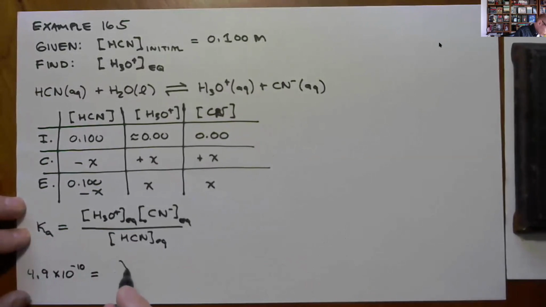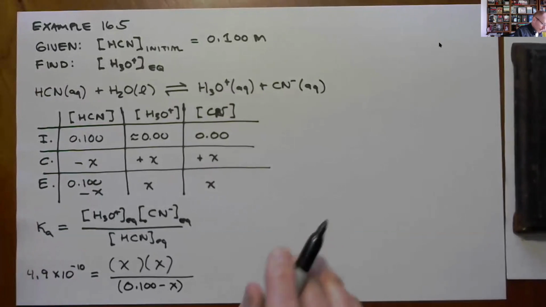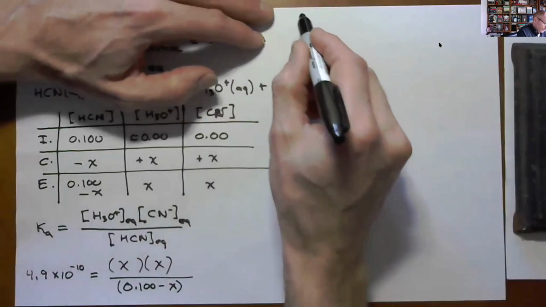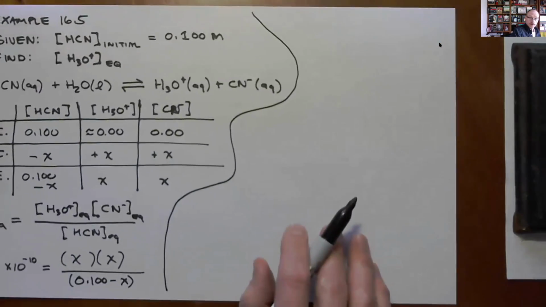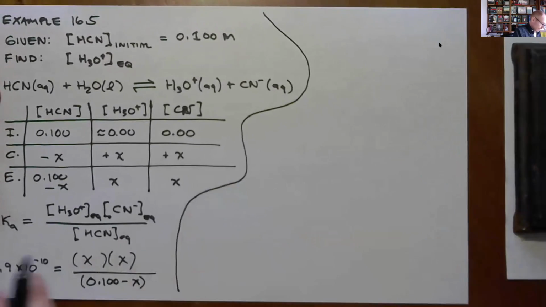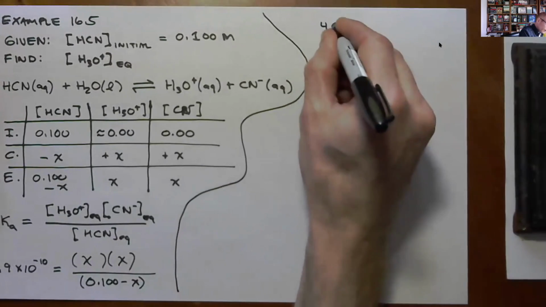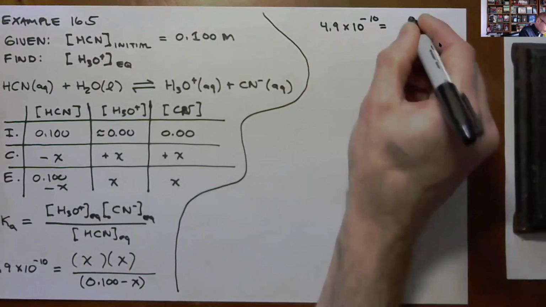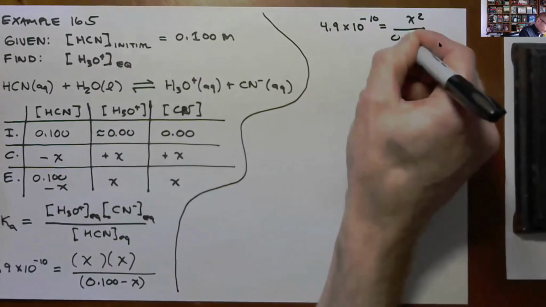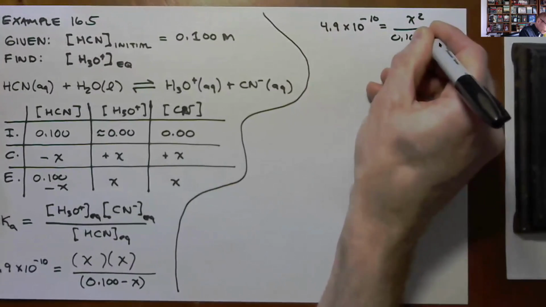Our equilibrium concentration of hydronium is X, cyanide is X, and of our acid is 0.100 minus X. I'm going to treat this as a virtual whiteboard here. So we have 4.9 times 10 to the minus 10 equals X squared over 0.100 minus X.